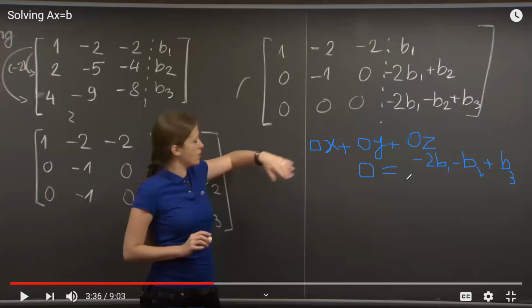Okay, if I try to geometrically interpret the equations, it will mean that these are three planes in R3, and these three planes are not intersecting at the same point.